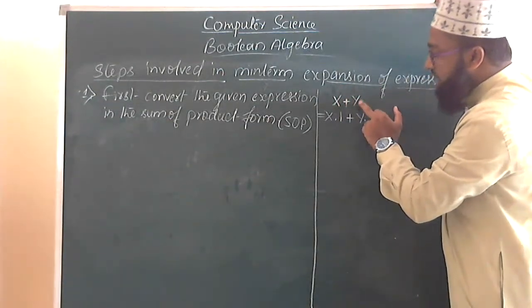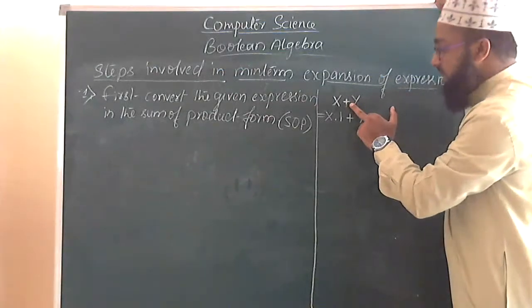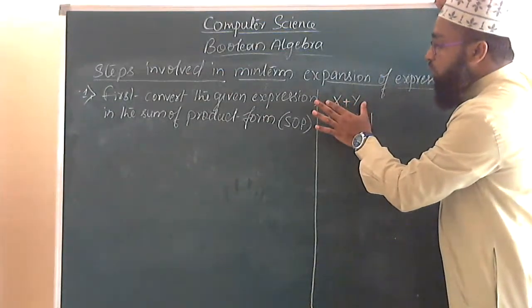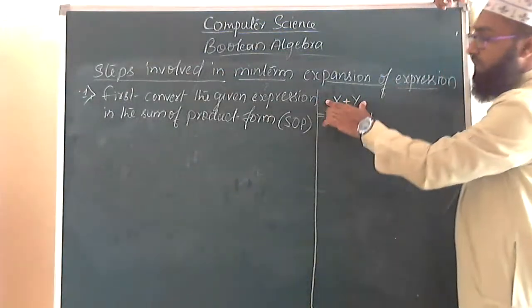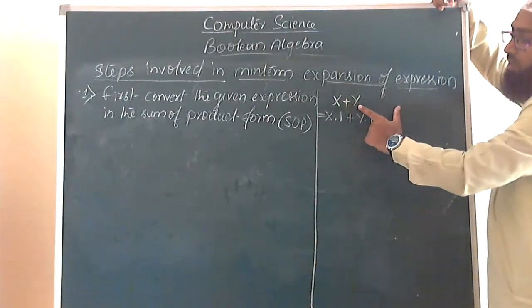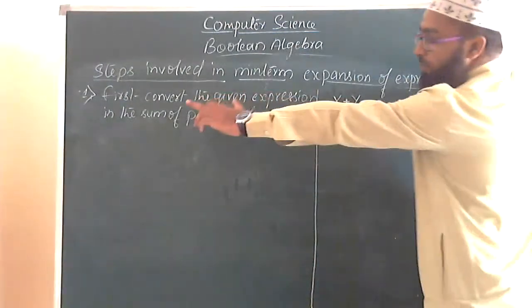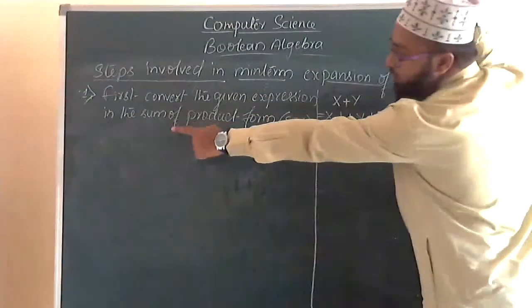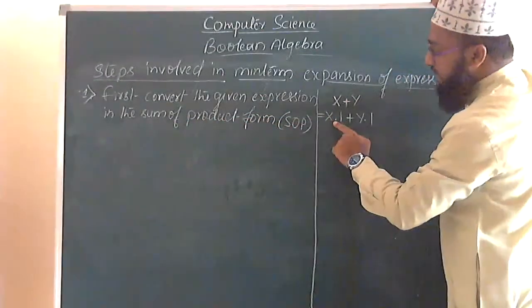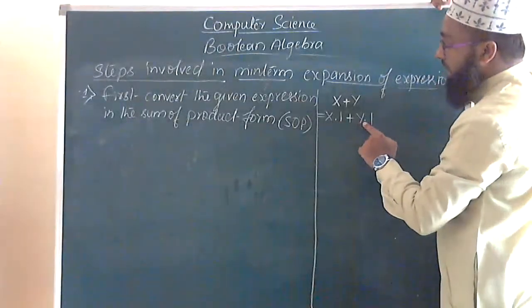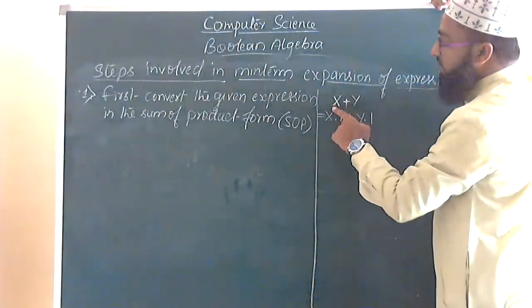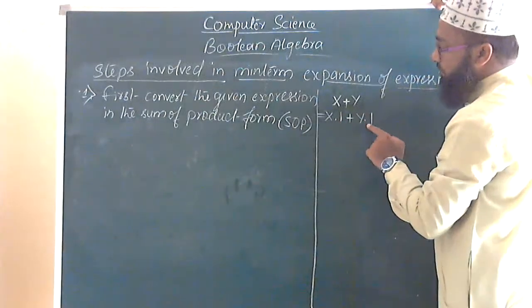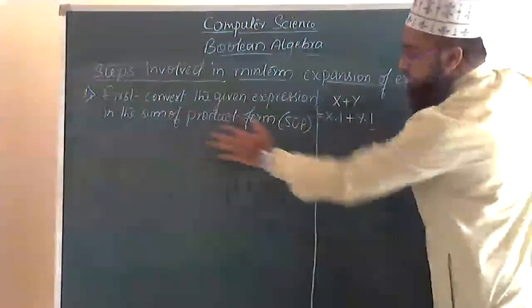If y is there, then x should be present with it. Here just one variable x is there, here one variable y is there. So we will convert them to make them two variables, into sum of product form. Just multiply the given variables with 1. Then it will become sum of product.